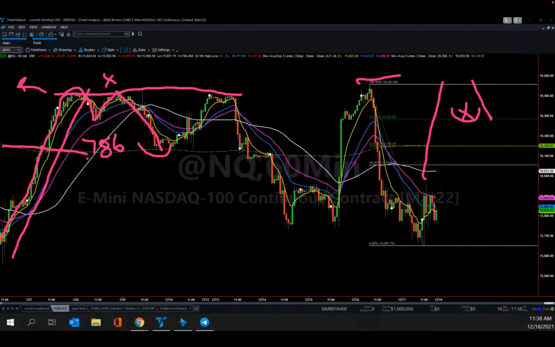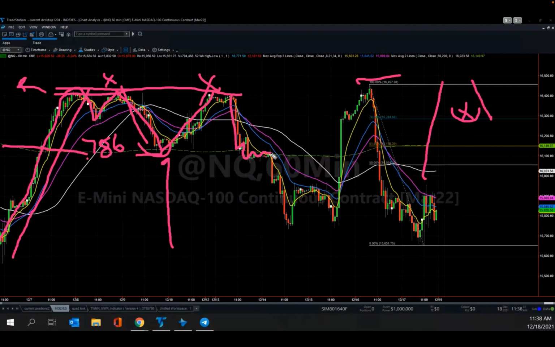That's exactly what it did here. It tested, pulled back, and it held. Tried to make it for the third time, and it failed here. Look how it holds that level right there. It tried as best it could, and it could not. It retested, failed, and broke.